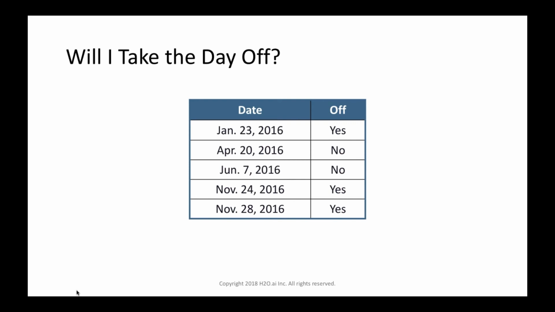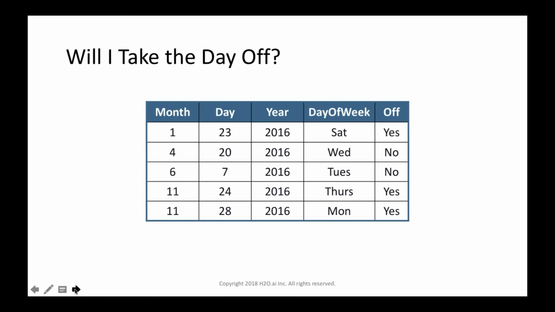Well, if I only use date as my only predictor, I'll have very low accuracy. But I can change the way the data is represented. So I can expand this date column into maybe month, day, day of year, the year, and the day of week. So I can get a much more accurate model just by representing the date in a different way. So this is one example of feature engineering.